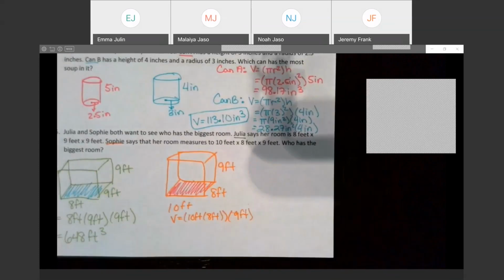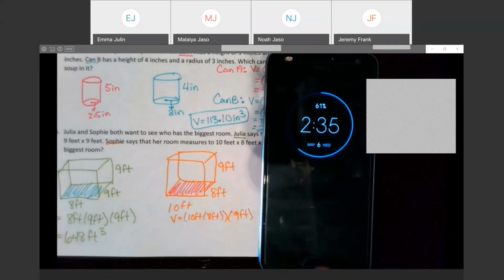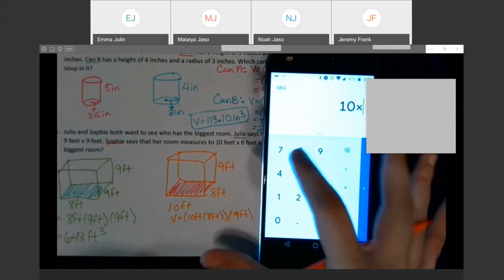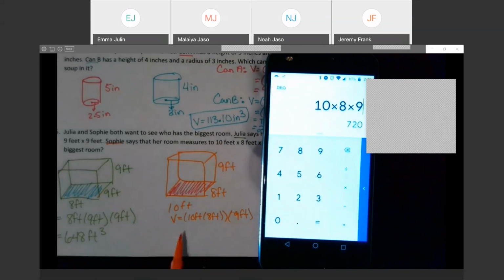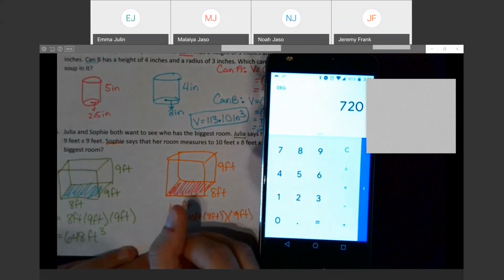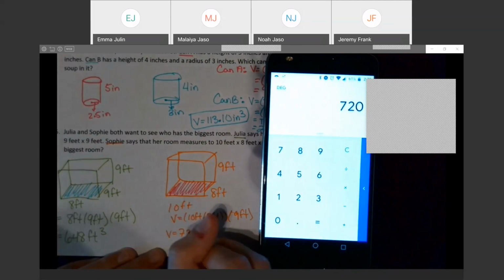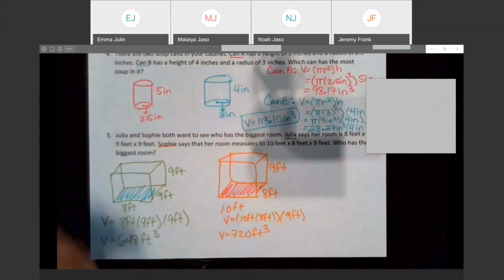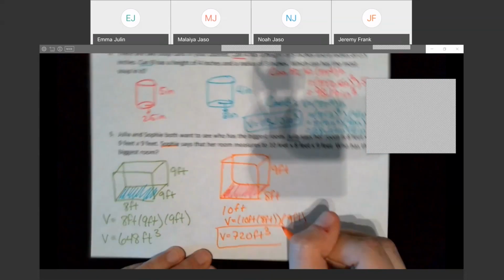Just like for Julia's room, we're going to plug it straight in. So let's do 10 times 8 times 9, just like how I have it written on my paper. And I get that the volume is equal to 720 feet cubed. So using those formulas, we found that Sophie has the bigger room.